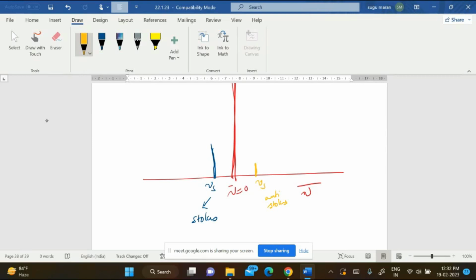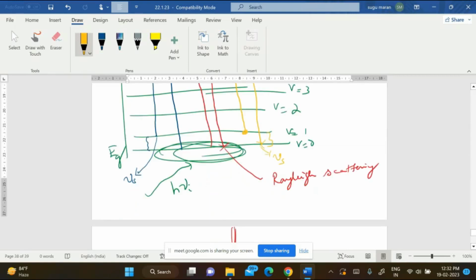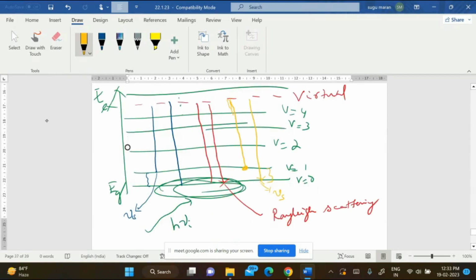And look at the height of the line, which is the intensity. The Stokes line is more intense and the anti-Stokes line is less intense. Why? Because Stokes starts from the lower vibration energy level, which is highly populated, but anti-Stokes starts from the higher vibration energy level, which is less populated. Intensity is directly proportional to the population.